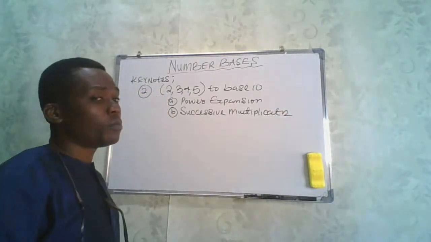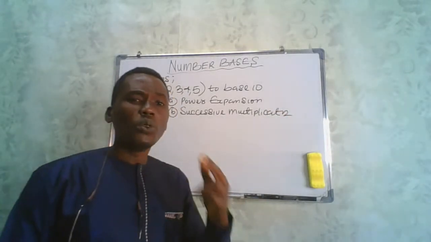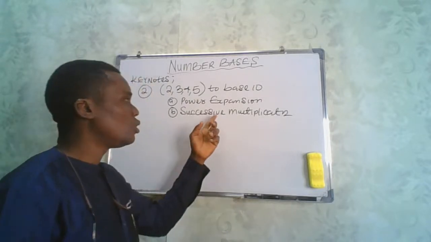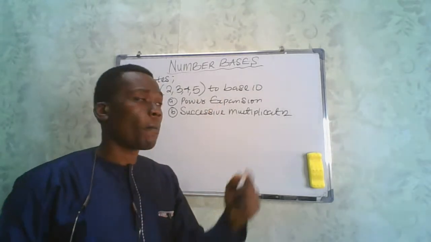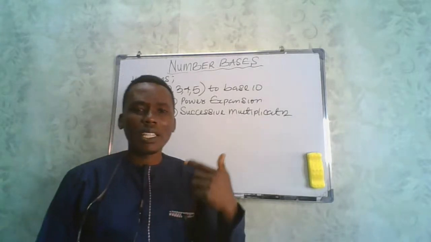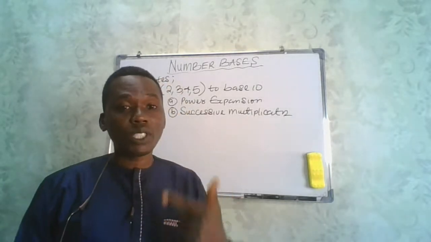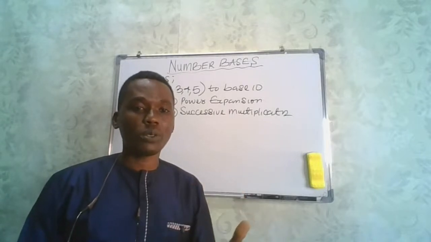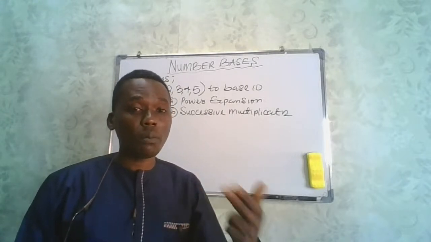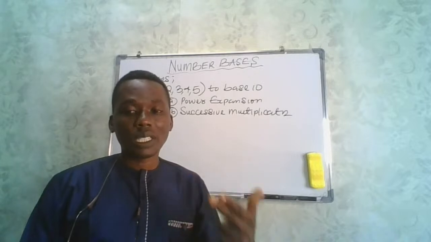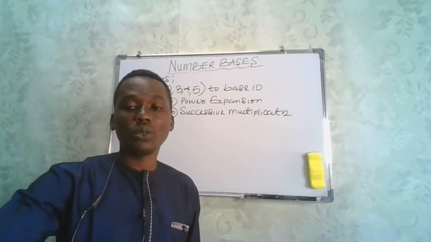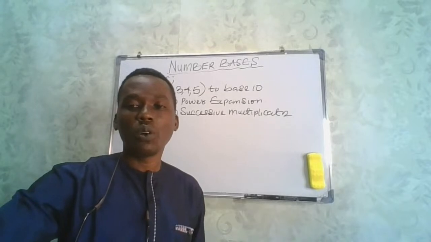I've tried solving a question using these two methods, and guess what? The second method is faster. So if you are sitting for JAMB, I will advise you to learn how to use the second method. And if you cannot use it, then you should use the first method for whatever solution you want to do.